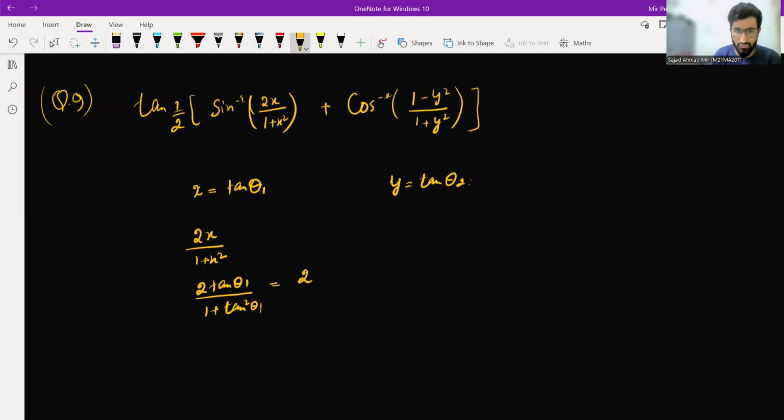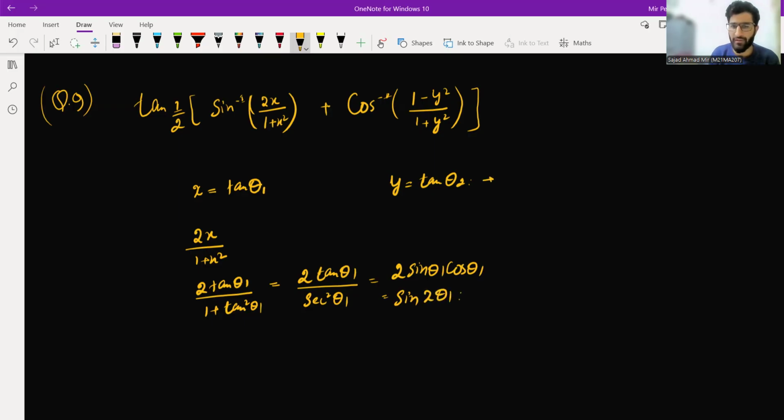This will be 2 times tan of theta 1 divided by sec square of theta 1, which is equal to 2 times sine of theta 1 cos of theta 1, which is equal to sine of 2 theta 1.